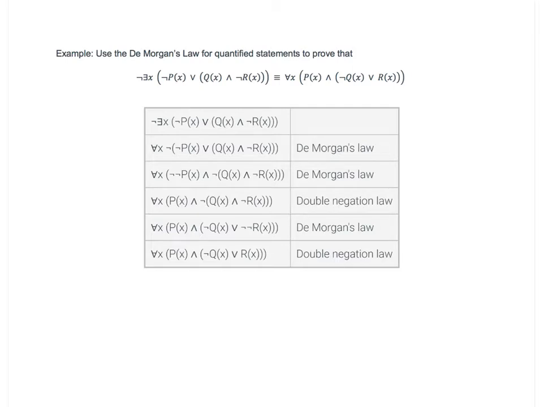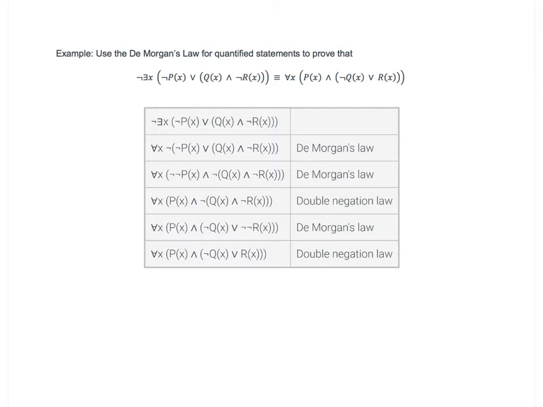In order to prove this logical equivalence, we first apply De Morgan's law by converting the existential statement to a universal statement and negating the predicate inside the existential statement.